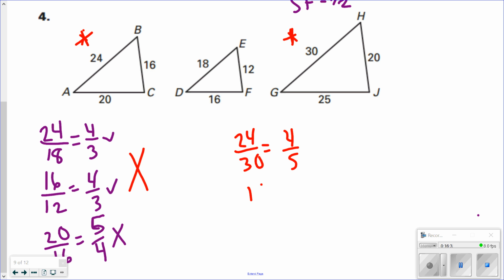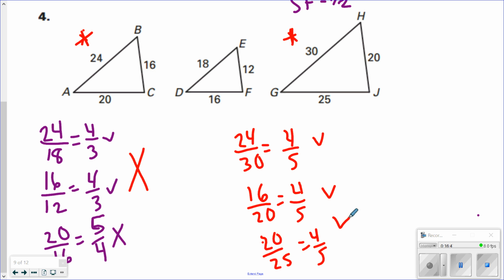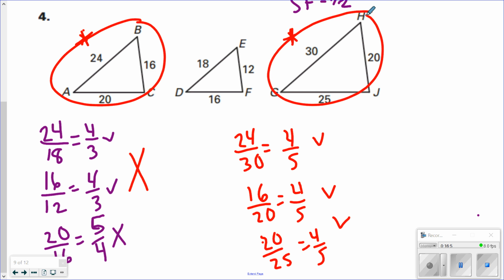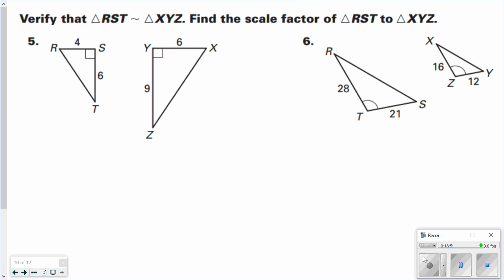If I look at 16 over 20, we get 4 over 5. And then finally, 20 over 25, we get 4 over 5. So these all work. Those two triangles are similar by side, side, side.